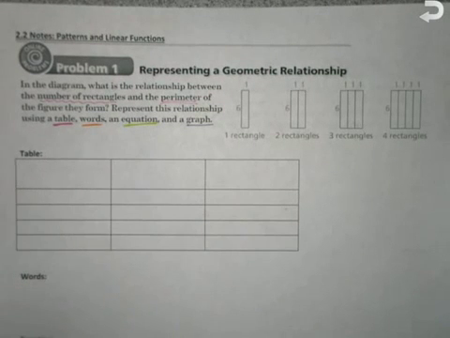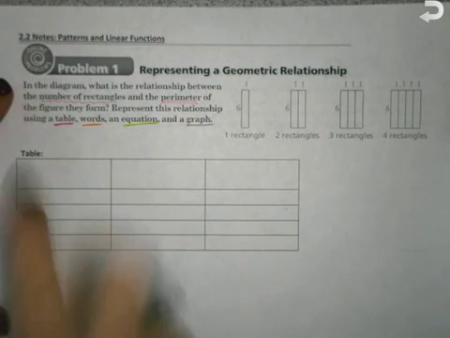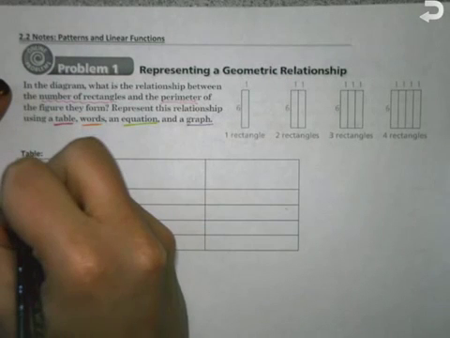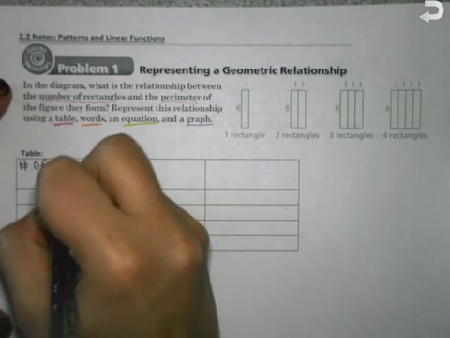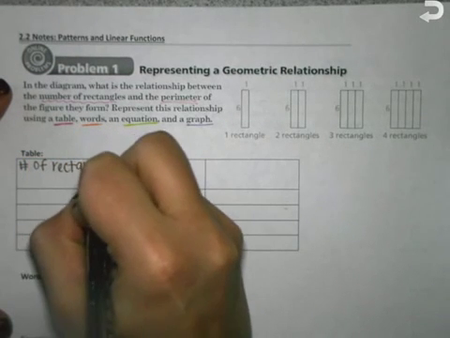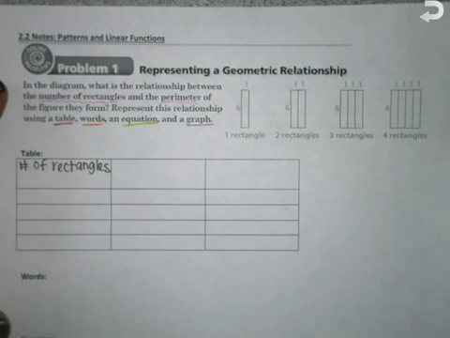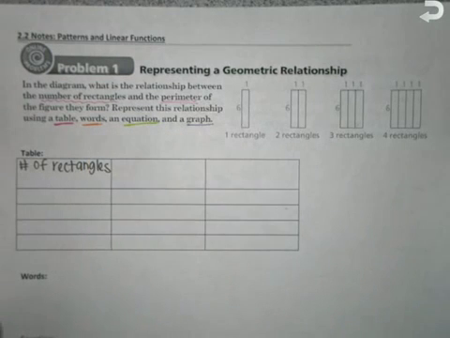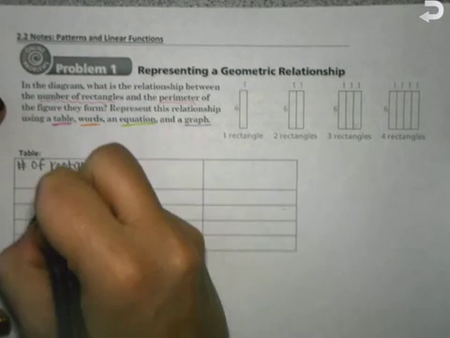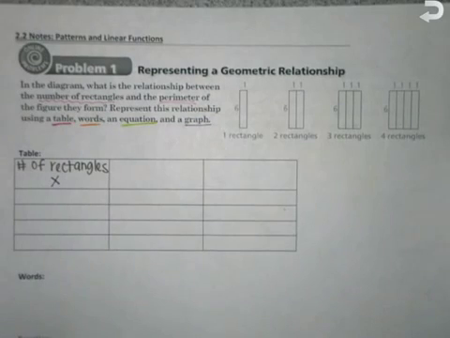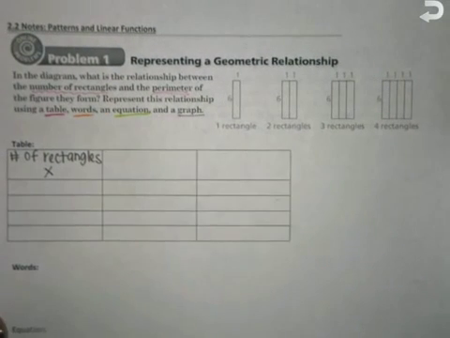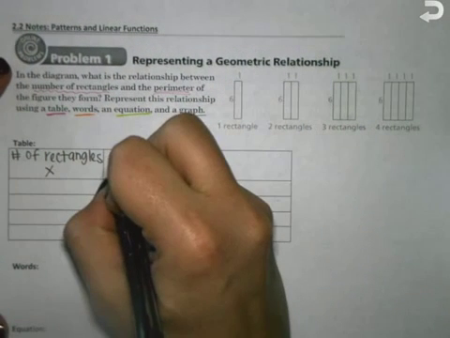So in our table, let's label that. This first column is going to be the number of rectangles. And guys, do you remember what variable we give our input? X. So we're going to call that X. Our output is going to be the perimeter.